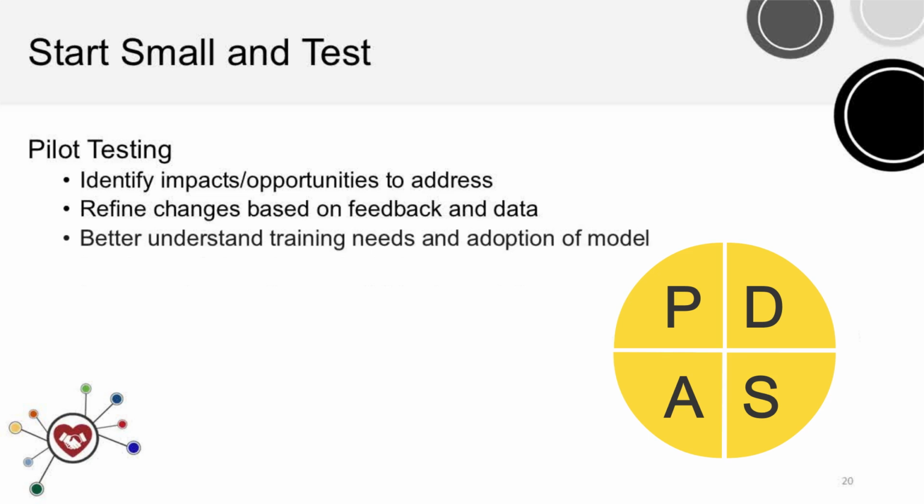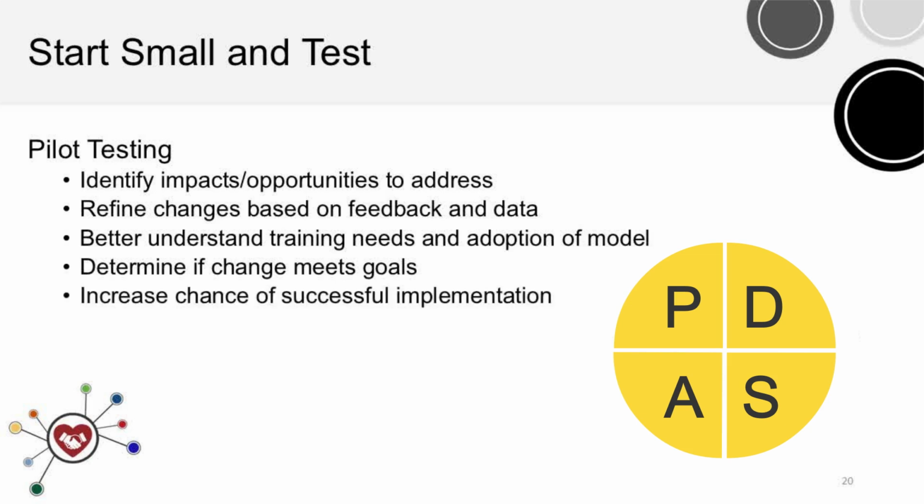It can help us better understand any additional training needs of the team and how the model is being adopted. And most importantly, it will help determine if the changes we implemented meet the goals we set for team-based care. Pilot testing and adapting the model based on our results increases the chance of a successful implementation across our practice.